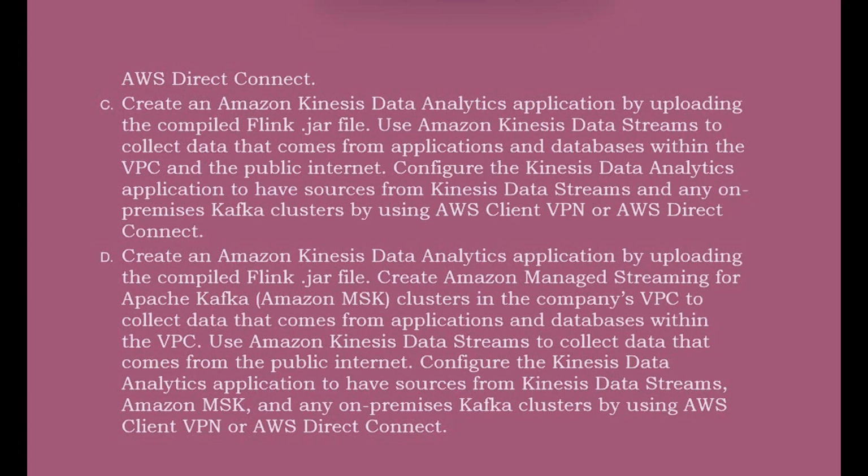Use Amazon Kinesis data streams to collect data that comes from the public Internet. Configure the Kinesis data analytics application to have sources from Kinesis data streams, Amazon MSK, and any on-premises Kafka clusters by using AWS Client VPN or AWS Direct Connect.